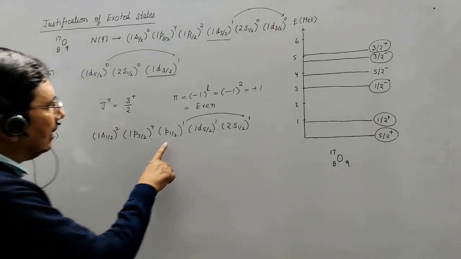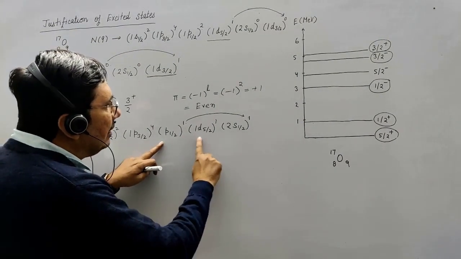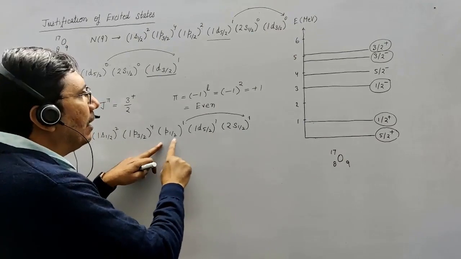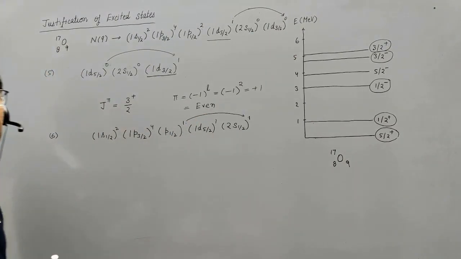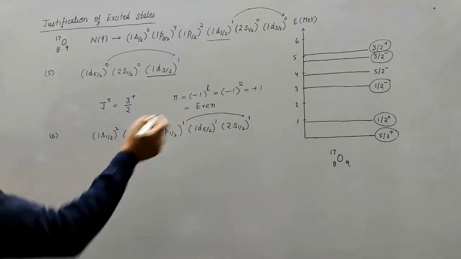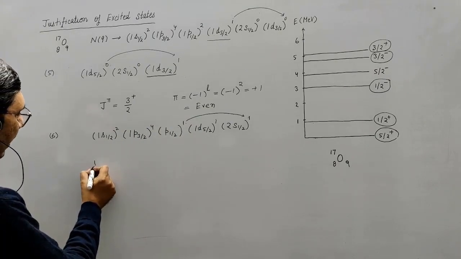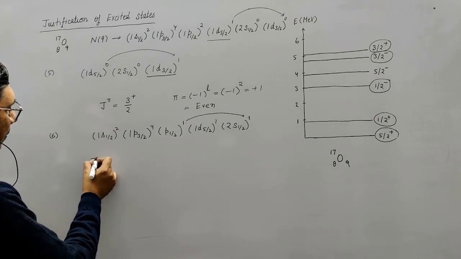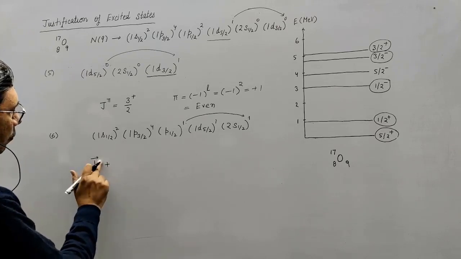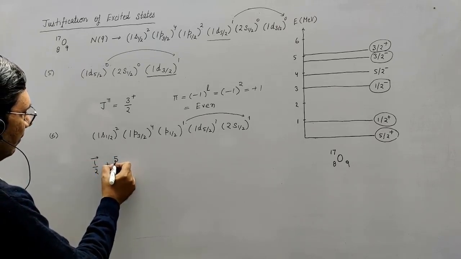So these 3 unpaired neutrons will participate in the formation of 5 by 2. What are the possibilities here? What will be the J value? Here we have 3 J values: 1 by 2, 1 by 2, and the second is 5 by 2.